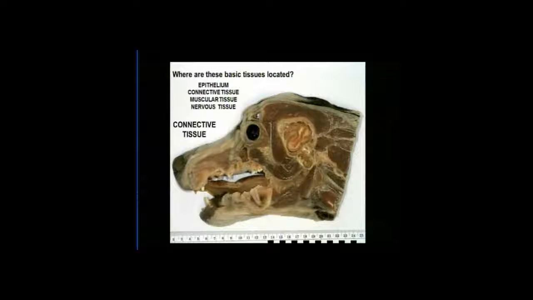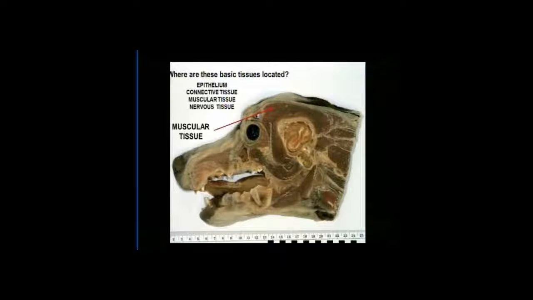If we look at connective tissue, there's connective tissue in the skin. The dermis is connective tissue. Bone is connective tissue. There's connective tissue surrounding nerves and surrounding muscle. Teeth are connective tissue as well.